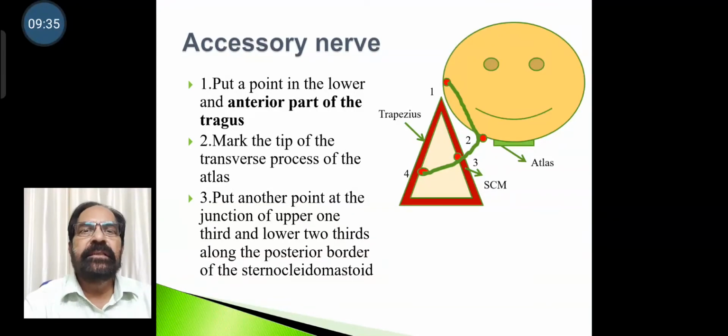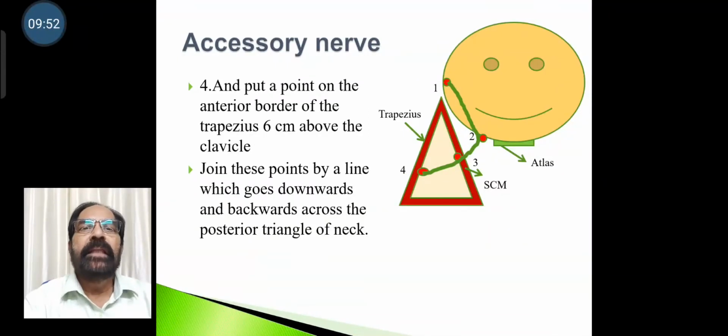Then third point, put another point at the junction of upper 1/3 and lower 2/3 along the posterior border of sternocleidomastoid muscle, as shown. Then fourth point, another point on the anterior border of trapezius 6 centimeters above the clavicle. Join these points by a line which goes downwards and backwards across the posterior triangle of neck. So with this we can mark accessory nerve.